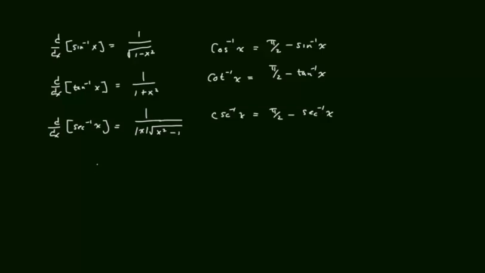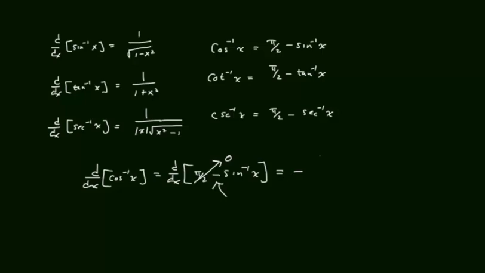So, if I wanted to find the derivative with respect to x of, let's say, the inverse cosine of x, then that would be equal to the derivative with respect to x of pi over 2 minus the inverse sine of x. This would go to 0, the derivative of a constant, 0, and this would be negative the derivative of the inverse sine.